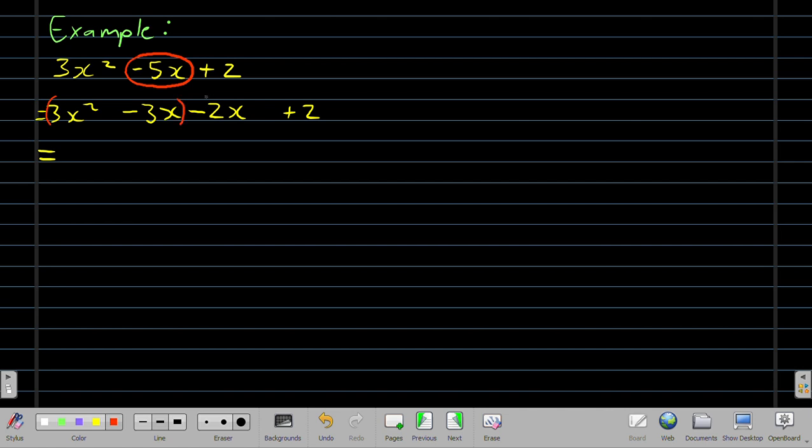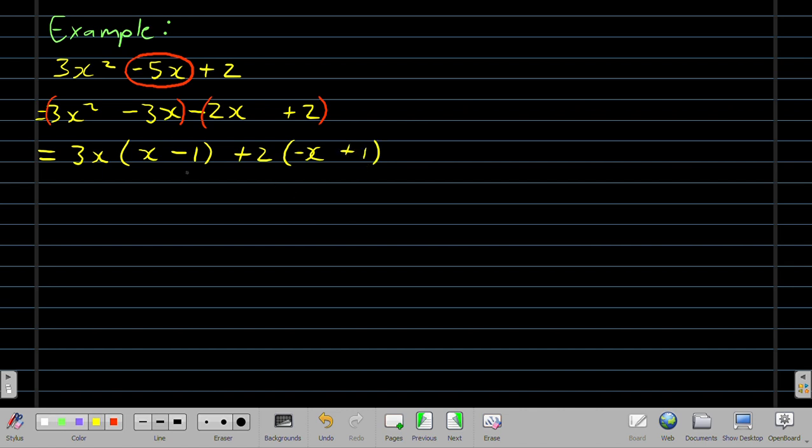All right, so grouping these two here, I'm basically just going to group these and take out the common factor. The common factor here is going to be 3x, and then we're going to be left with x minus 1. And then on this side, I'm going to take out a common factor of 2. So I'll take out 2, and here we're going to be left with minus x plus 1.